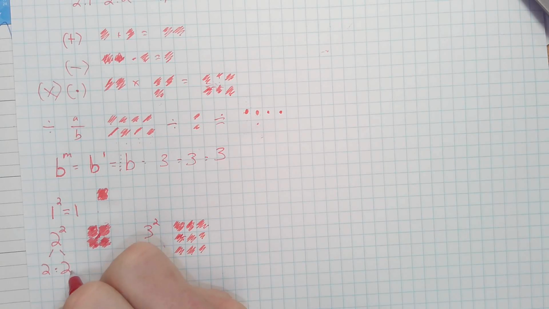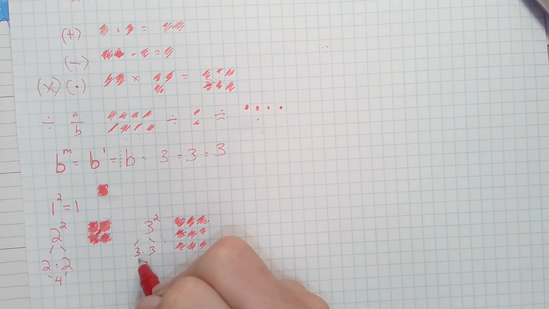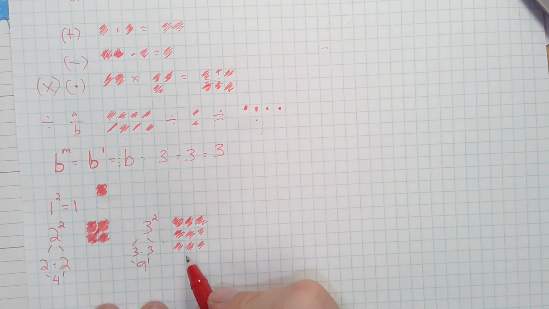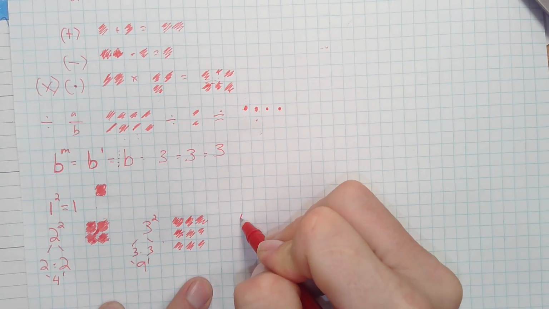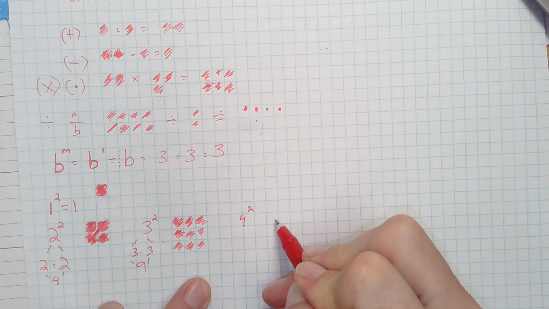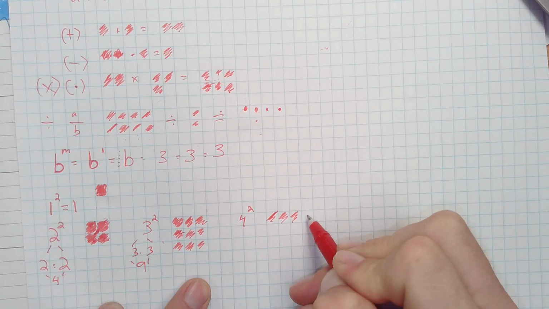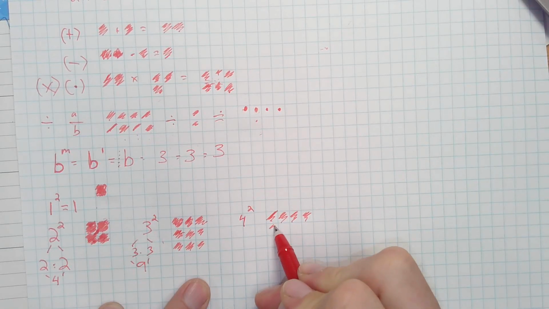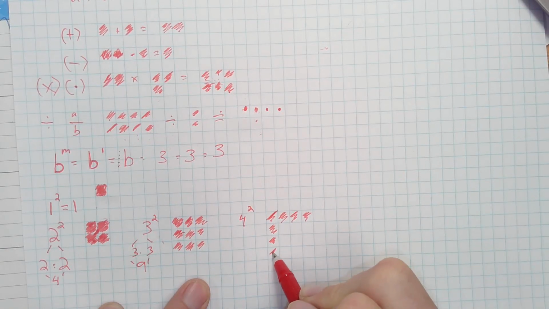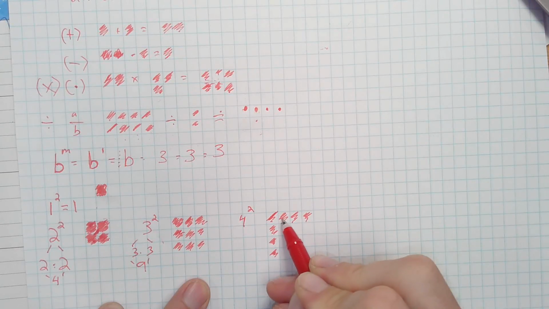Okay, this equaled 4. This equaled 9. Say if I had 4 squared, I have 1, 2, 3, 4, and 1, 2, 3, 4. 4 that way, 4 that way.